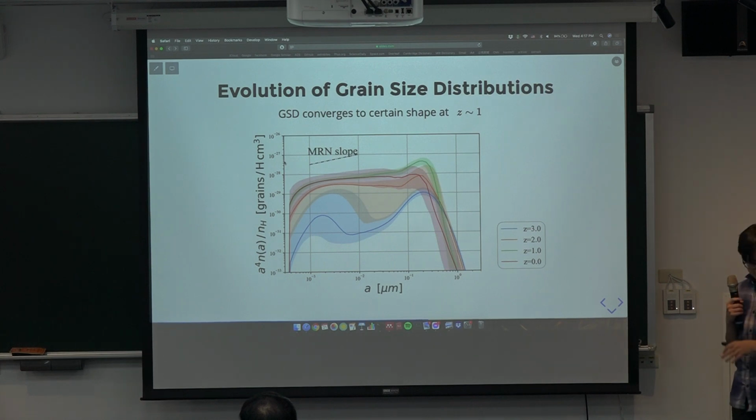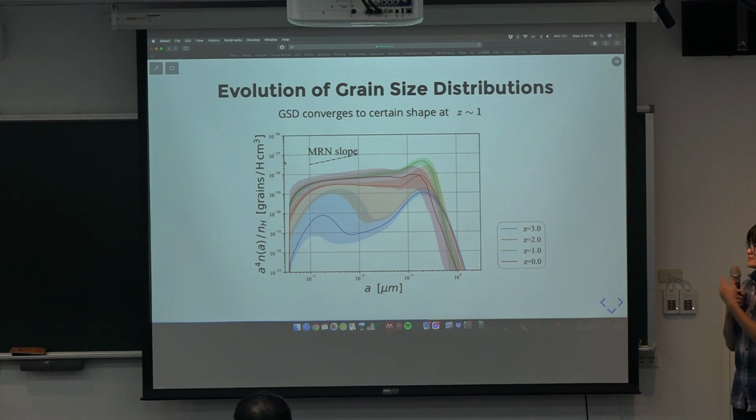And the second thing I have to mention is, as you may have already noticed, this green curve actually has a small dispersion at redshift 1. We saw that it's due to the chemical evolution and the gas evolution in the galaxies, which reach some kind of equilibrium at redshift roughly equal to 1.